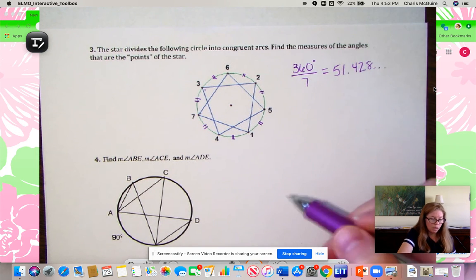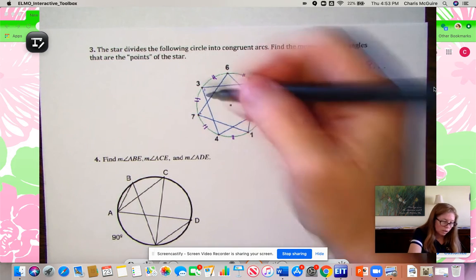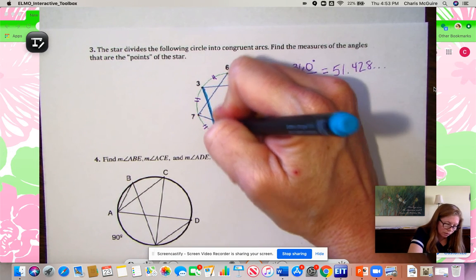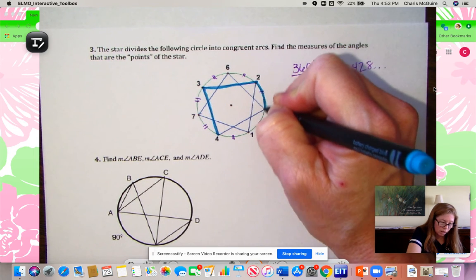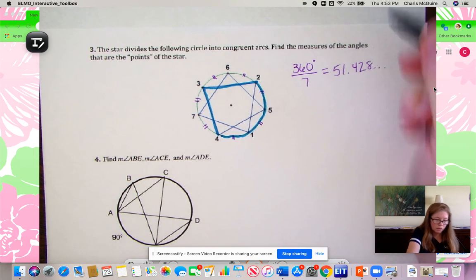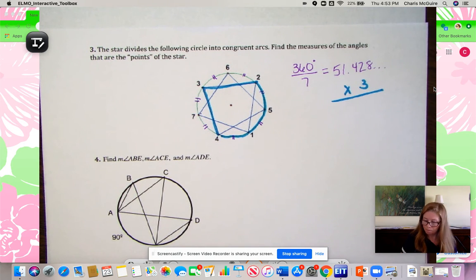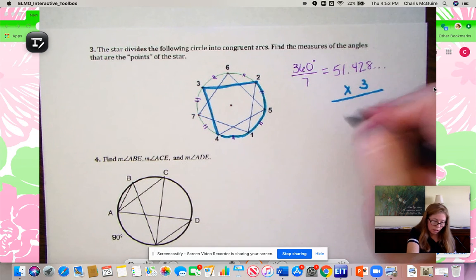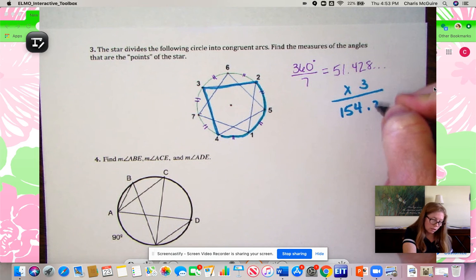So each one of those, but when you look at the angle, let's look at number 3. I don't know why. Angle 3 is just grabbing me. That means you're looking at 1, 2, 3 arcs. So we're going to multiply this number by 3, and you can just do that on your calculator. And I get 154.285, yada, yada, yada.